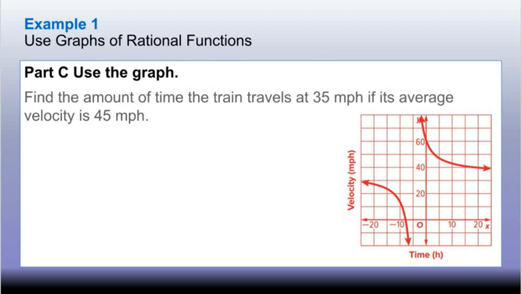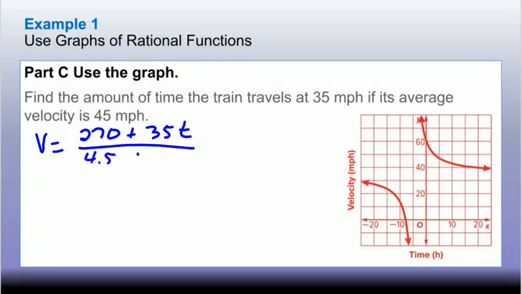So to find this one, if we go back to our original function, it was v equals 270 plus 35t over 4.5 plus t. The velocity here, they're telling us the average, or v, was 45.